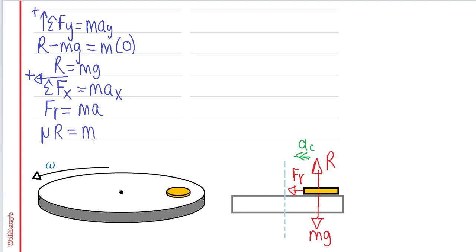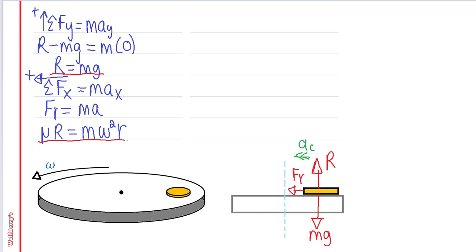Now instead of a, we're looking for the maximum speed that the turntable can rotate. Now, centripetal acceleration is also equal to omega squared r. Now, one more step we can do before we can start solving is that we've found here that R is equal to mg. Here we have mu R equals m omega squared r.